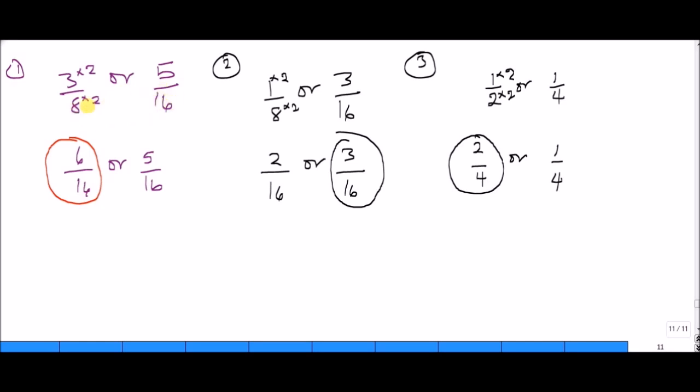In this case, we have 8 times 2 will give us 16. And since we multiply the denominator by 2, we have to multiply the numerator by 2, thus making the entire fraction equivalent. Okay, so after we make them equivalent, then we can compare using the numerators to see which one is larger or smaller.